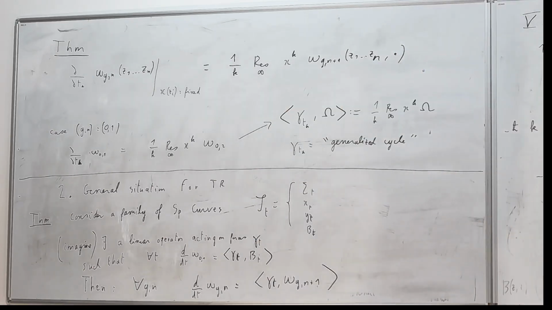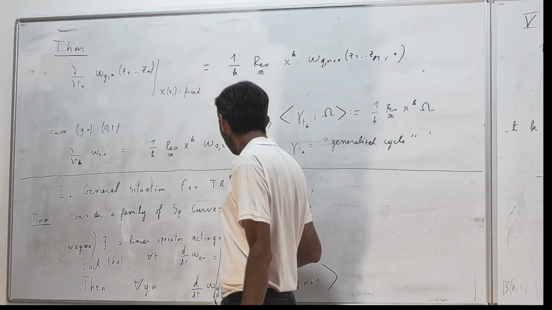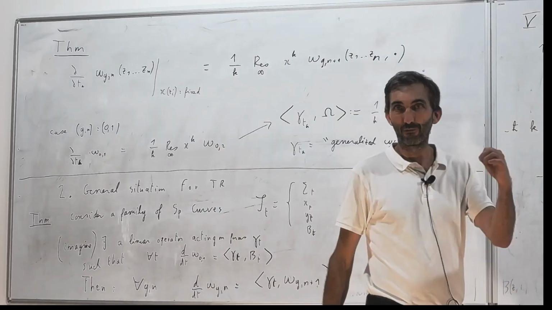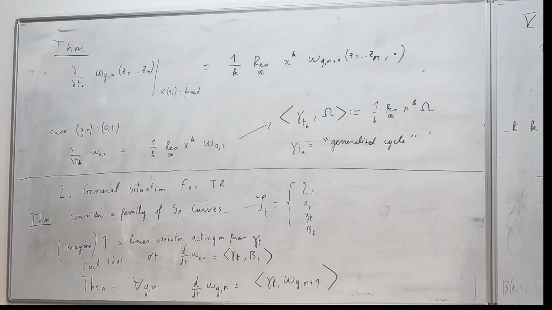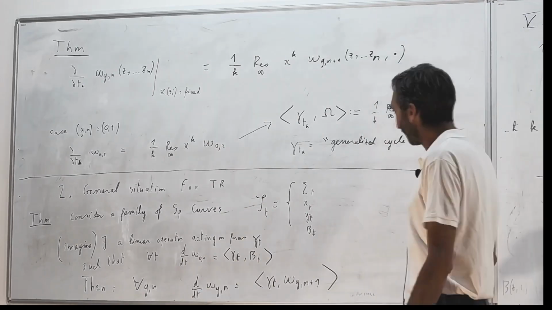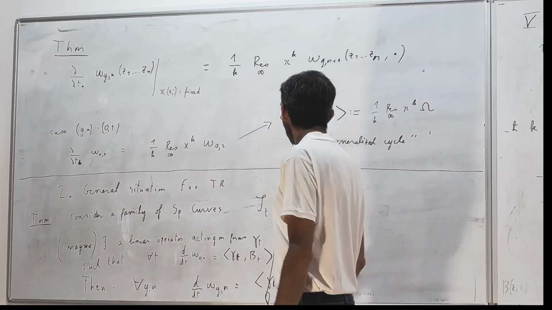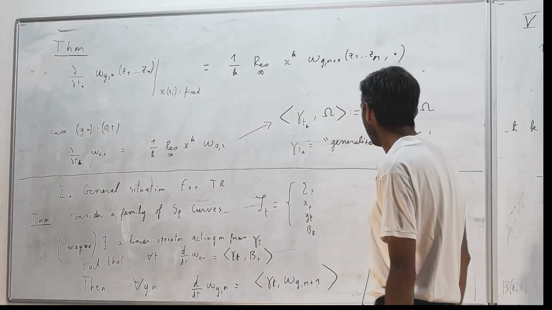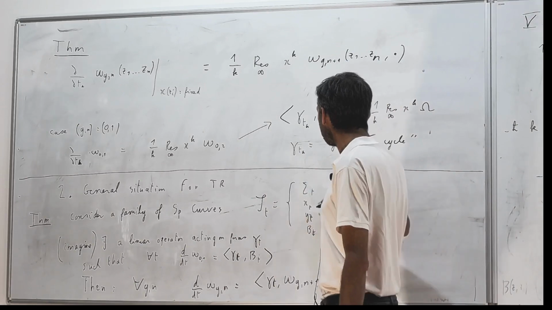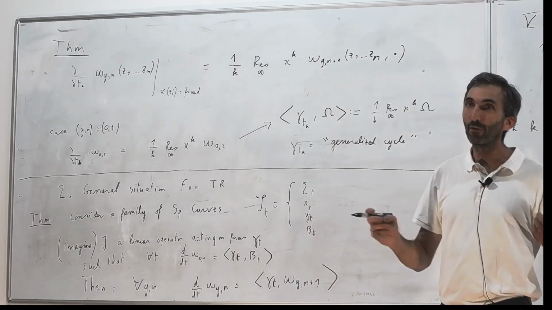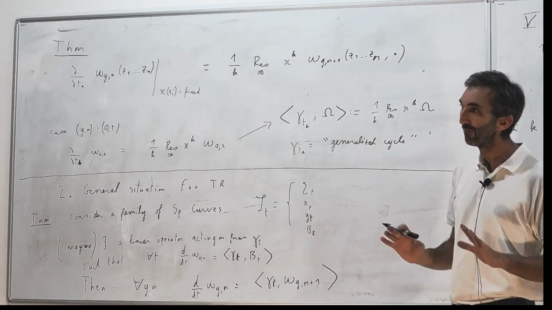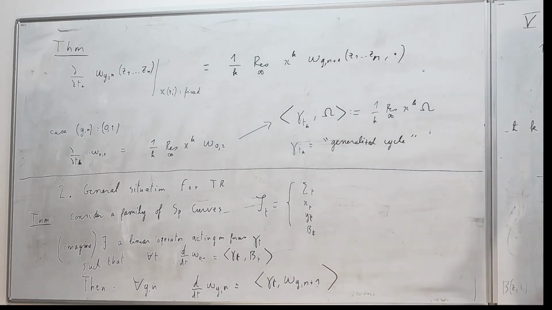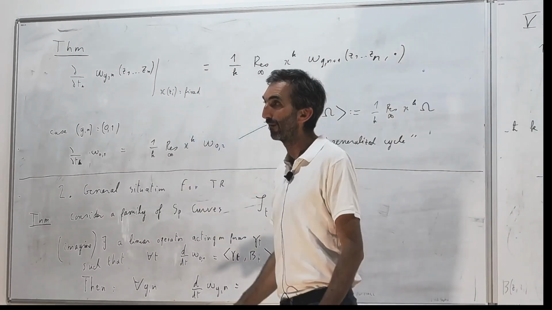And one requirement for this theorem is that gamma t has no intersection with cycles located at the ramification points. So basically, if your deformation introduces poles at the ramification points, you cannot apply this theorem. But as long as the poles that you introduce are, for example, here at infinity, you're fine.